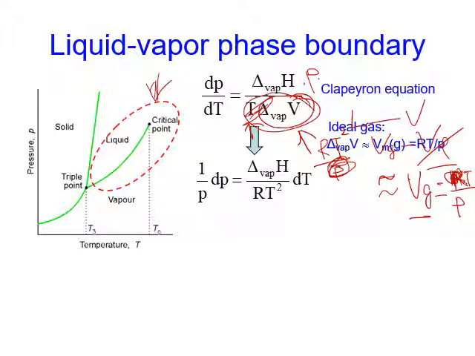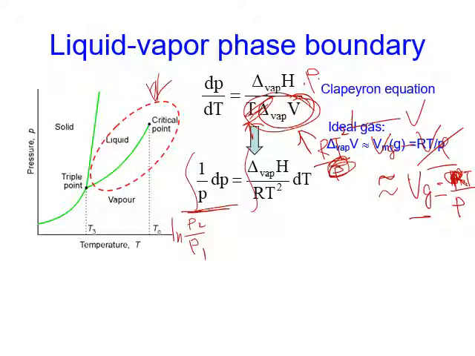Our goal is to find the equation between pressure and the temperature. We need to integrate these differentials. Okay, so to integrate, we integrate both sides, right? Now the left side, you have seen this many times. 1 over x dx is ln x. So the left side is ln P2 over P1.